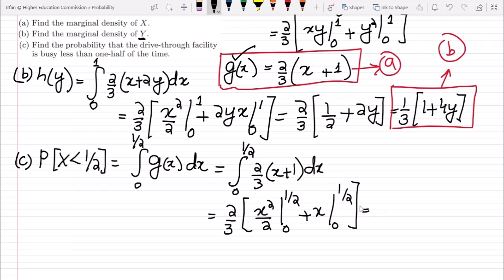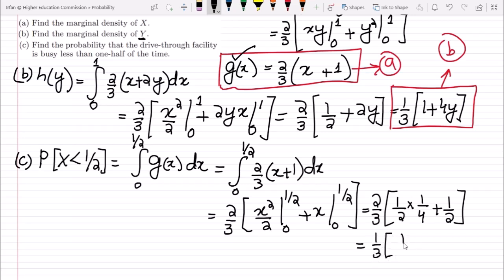So ultimately I will get this 2 by 3, and here 1 by 2 whole square minus 0, so it will become 1 by 4. Also this will become 1 by 2. Let me multiply this 2 inside, so I will get 1 by 3, and here 1 by 4 plus 1. Let me solve it further.